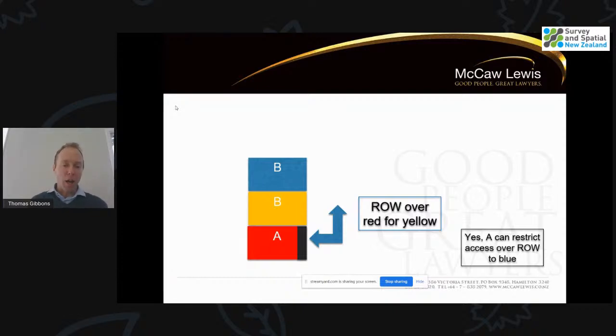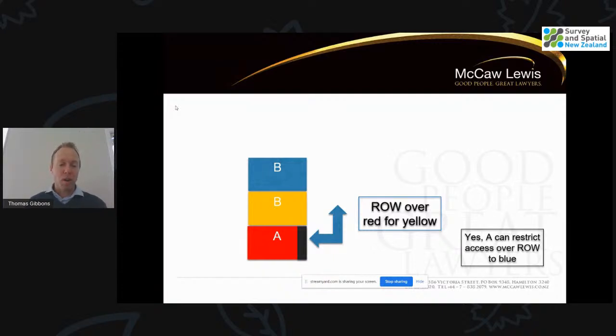So we have landowner A and landowner B, and there's a right-of-way over the black area which says that the owner of yellow can cross over that area in black to get to the yellow land. But even though that person also owns the blue land, no, they cannot use that right-of-way to access the blue lot at the back.